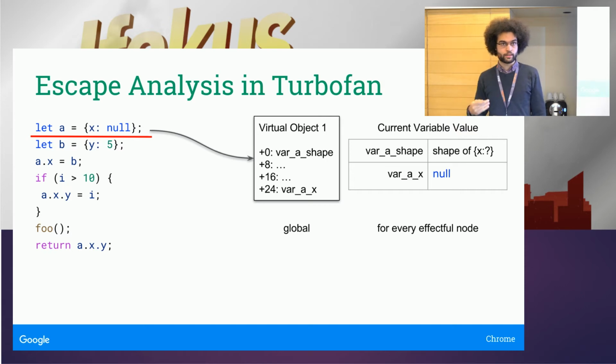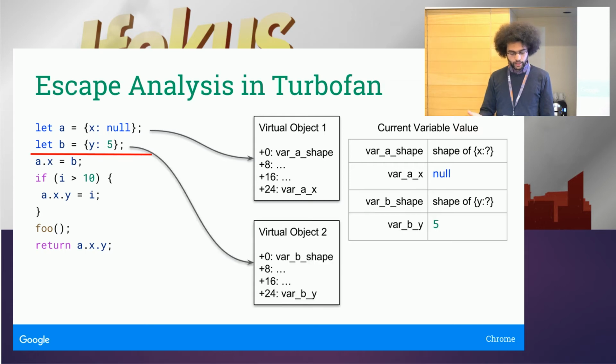So in sea of nodes, this means we have to attach this current state of the newly introduced variables to each effectful node. Then, if we see another allocation, we allocate another virtual object, create new local variables for it, and continue.